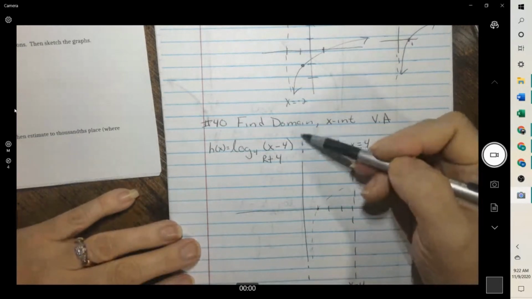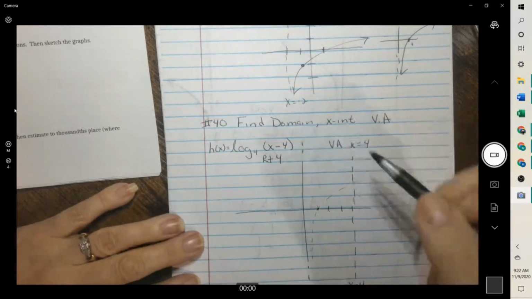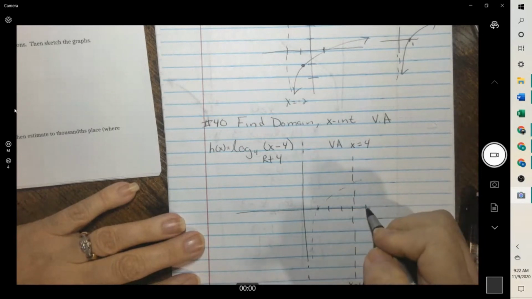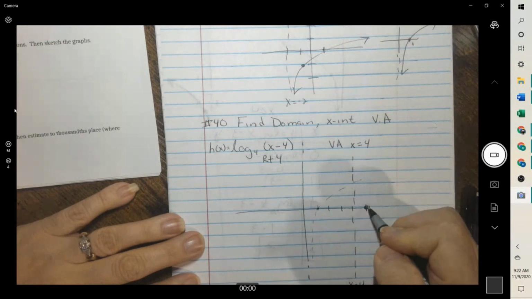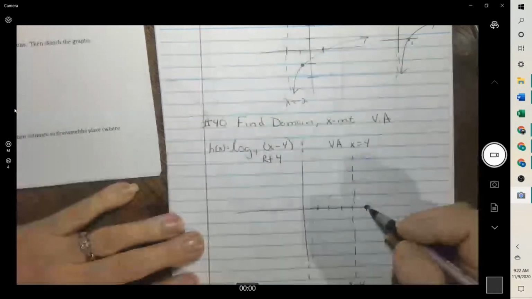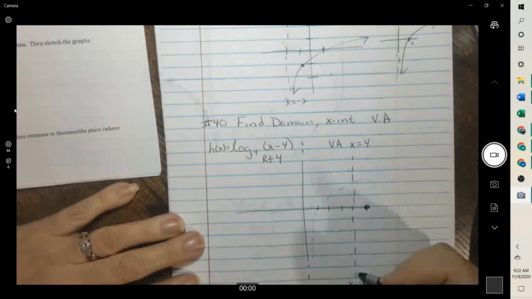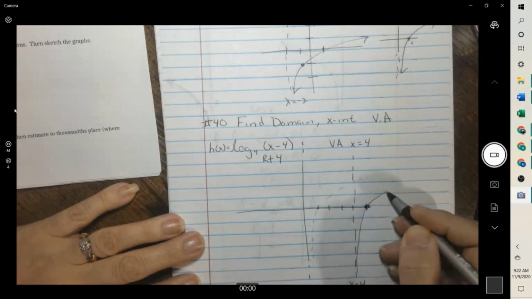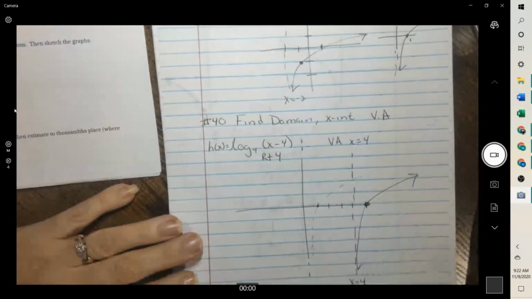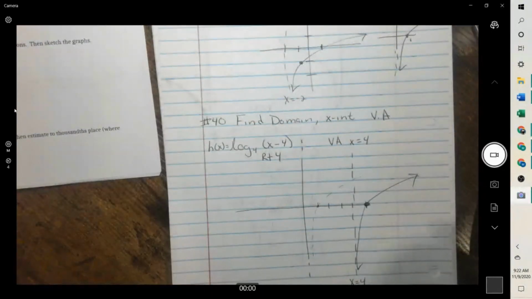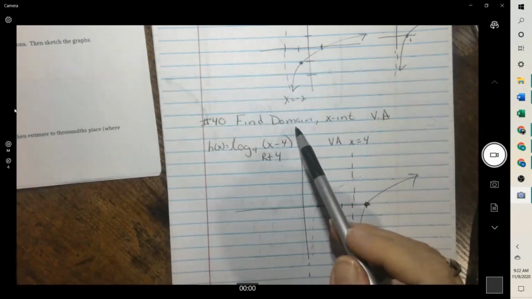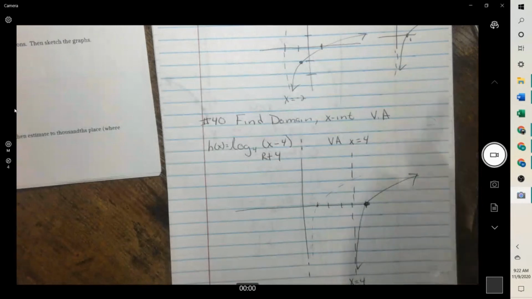We're not moving up and down because there's nothing added here. So we're taking this point and moving it right 4. 1, 2, 3, 4. So this is the point I'll be looking for and the asymptote. They also asked for the domain. What would the domain be?